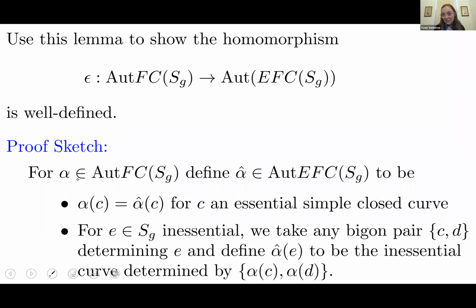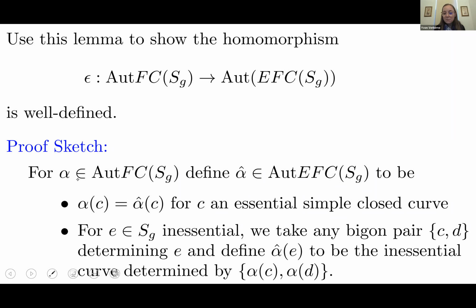On the other hand, let's consider a curve on the surface that's inessential. I'm going to take a Bigon pair which determines this inessential curve, and I'm going to let the image correspond to the inessential curve defined by the automorphism applied to the Bigon pair.